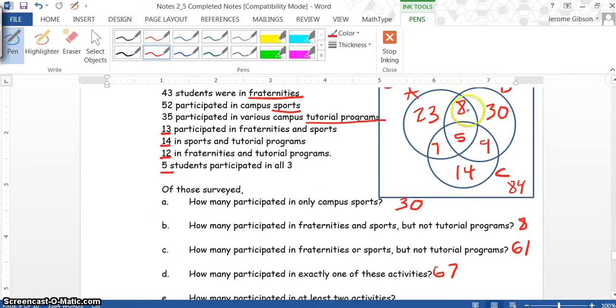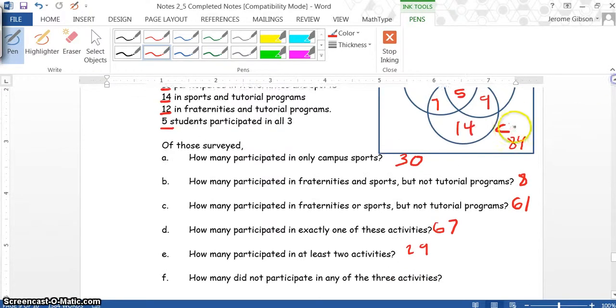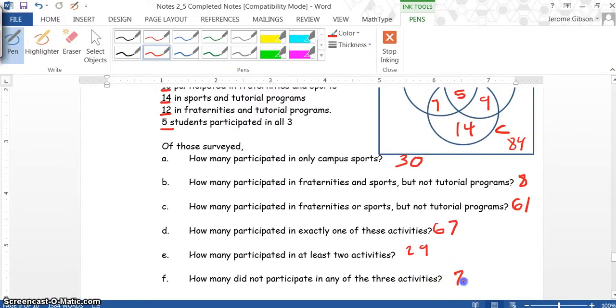So basically we would add all of the values that intersect. So we add 8 and 5 is 13, plus 7 is 20, plus 9 is 29. Because it said at least 2, so it could be 2 or more. So it'll be all the places of intersection. Now it says how many did not participate in any of the 3 activities. So that's the outside value, which is 84.